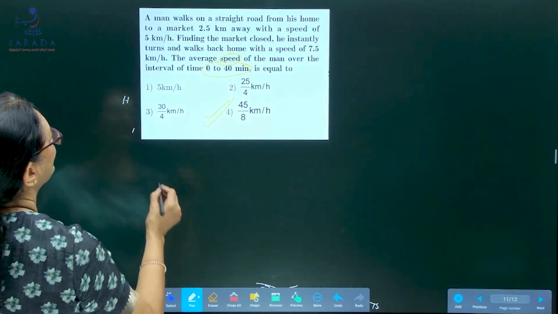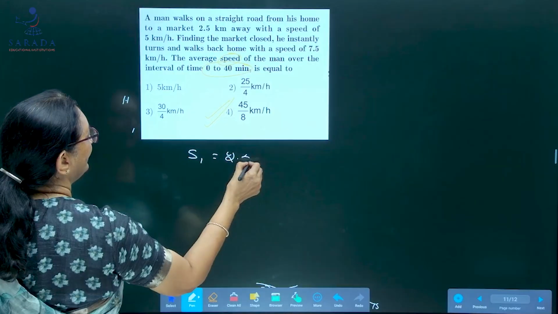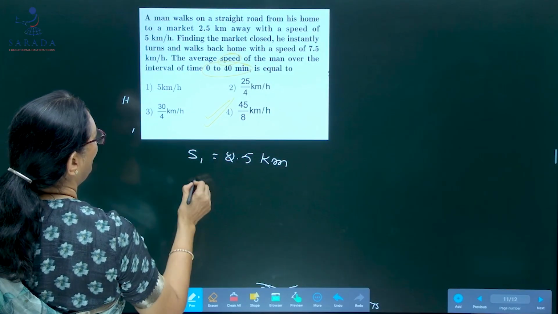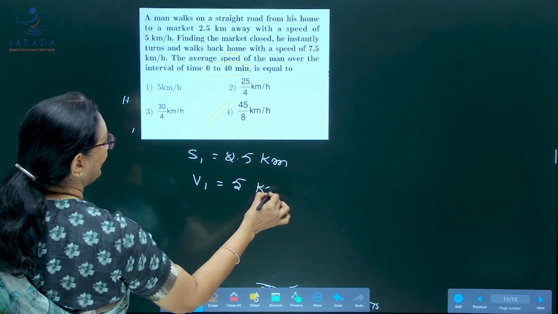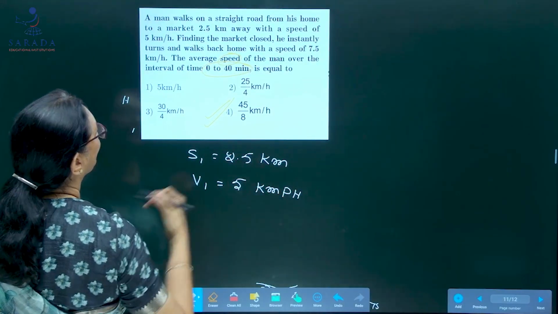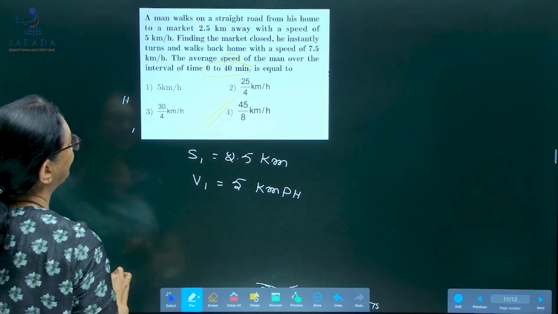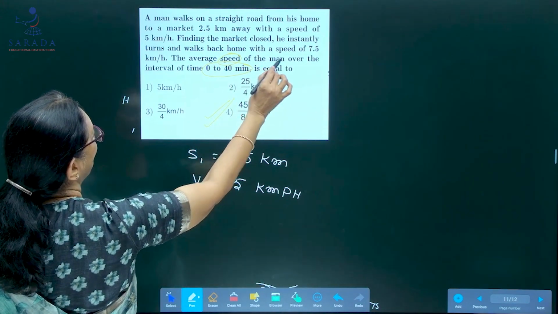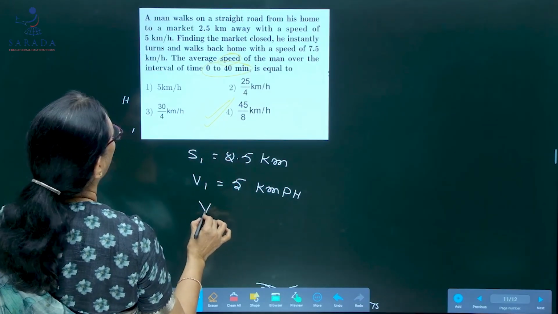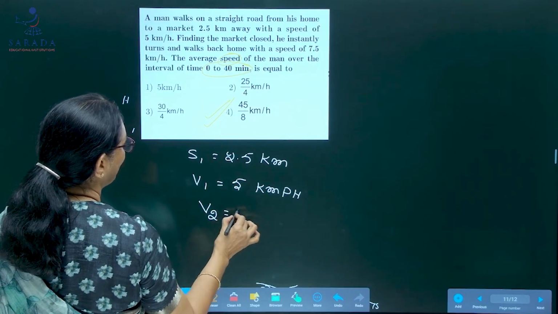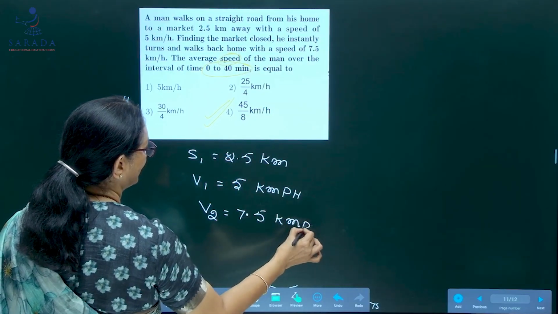A man walks on a straight road S1, 2.5 kilometers, with a speed V1, 5 km/h. Okay, he instantly turns back and walks with a speed of 7.5 kilometers per hour. V2 is equal to 7.5 km/h.